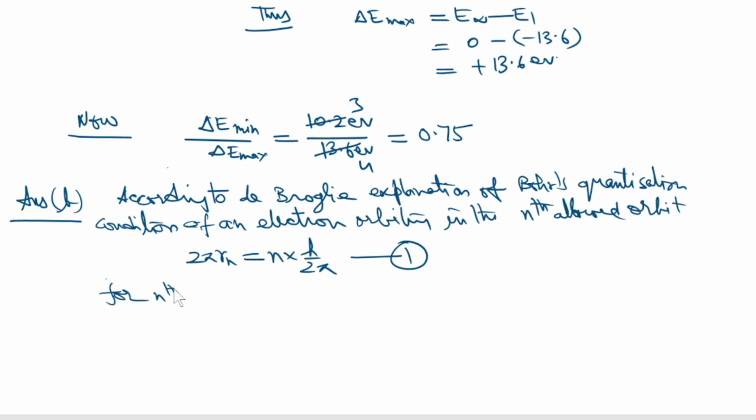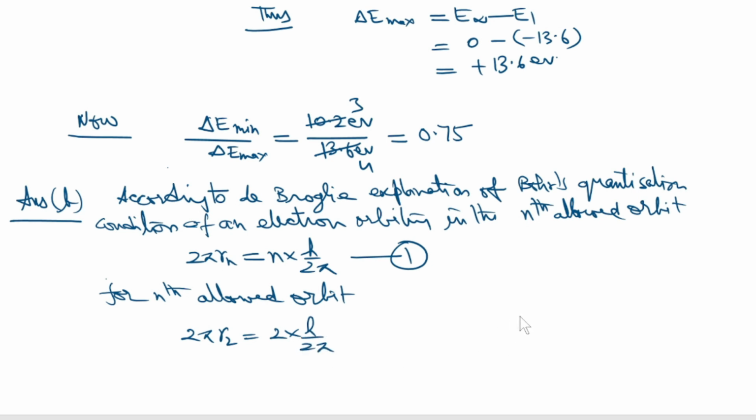For second allowed orbit, 2 pi R2 is equals to 2 multiplied by h by 2 pi.